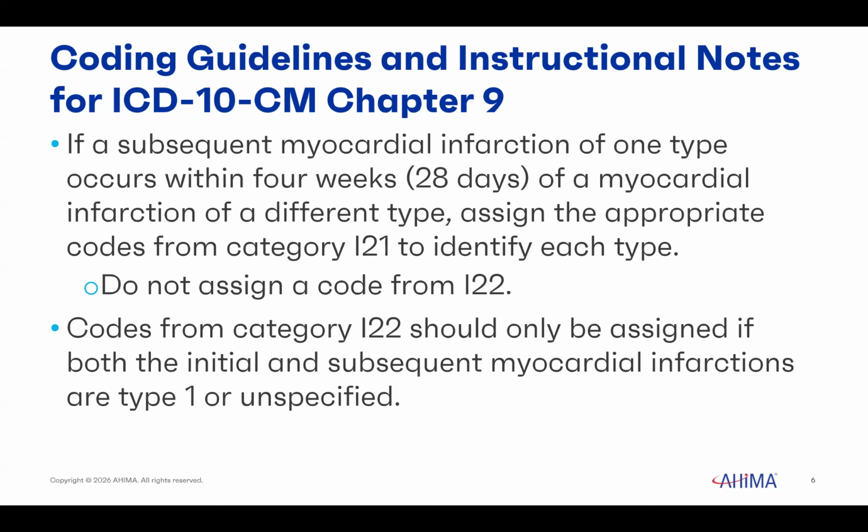And again, an important point on this slide: if a subsequent MI of one type occurs within 4 weeks, not necessarily Saturday through Sunday of a week, but within 4 weeks, a 28-day period, of a myocardial infarction of a different type, we would assign the appropriate codes from category I21 to identify each type.